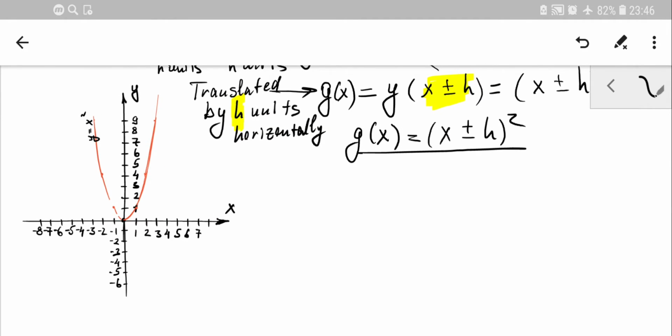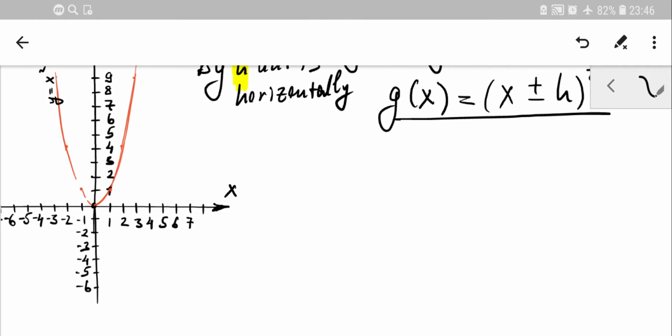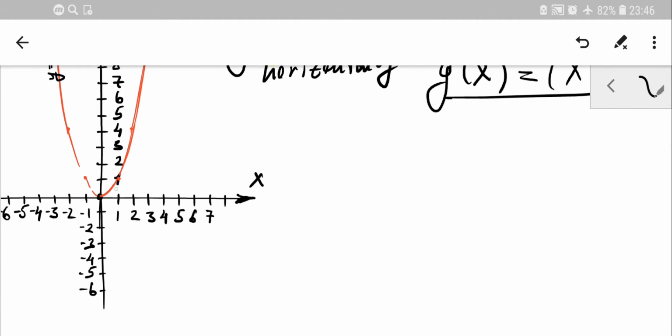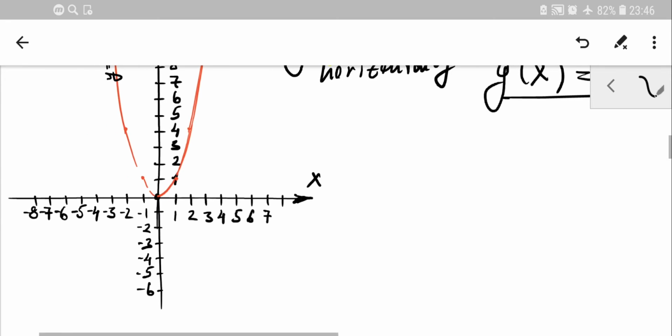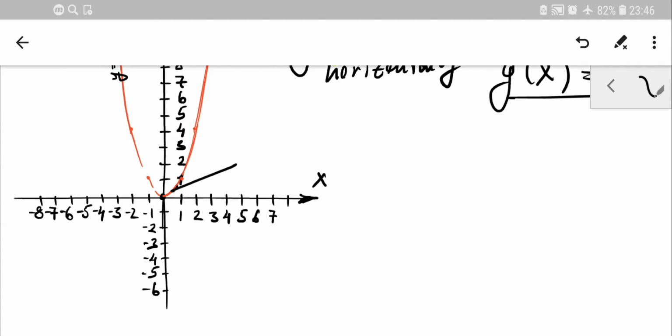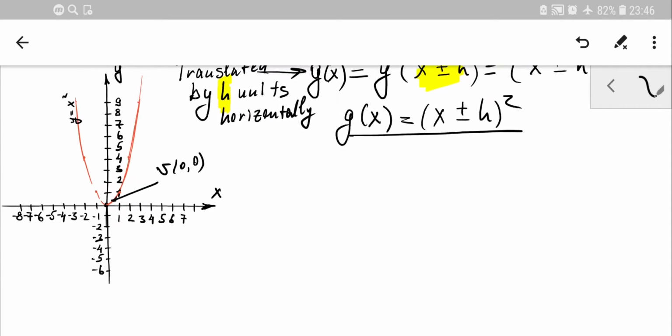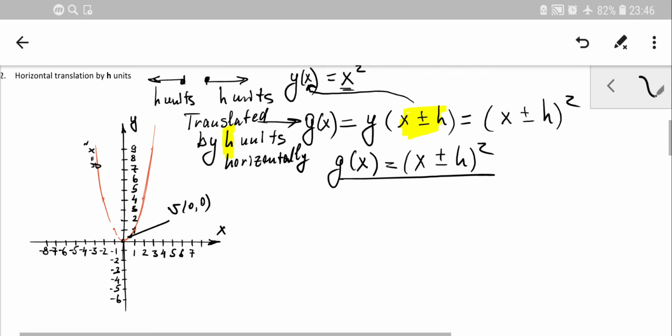Guys, just remember I told you that we need to keep track of the vertex. In this case, we have the vertex with the coordinates 0, 0. So that's the vertex point.